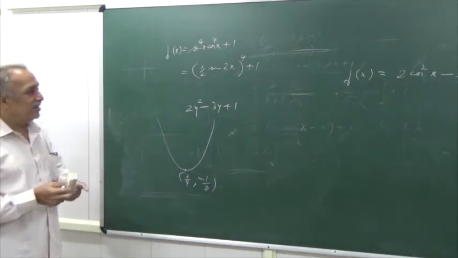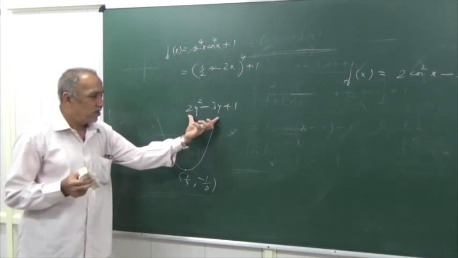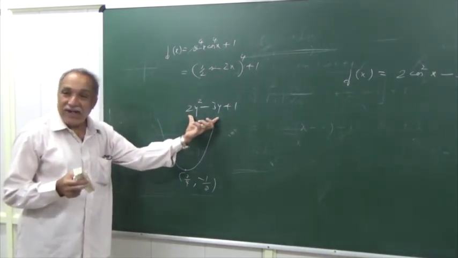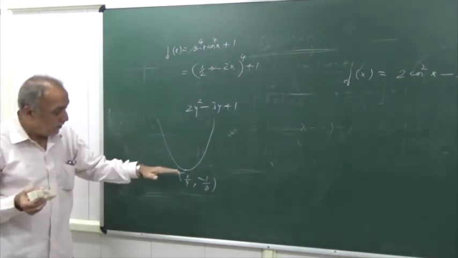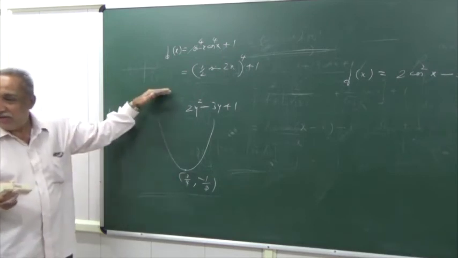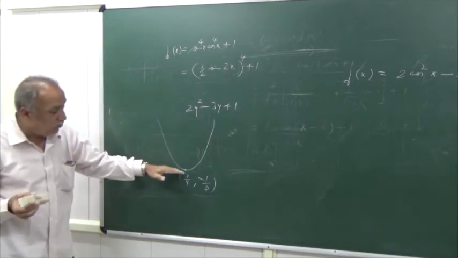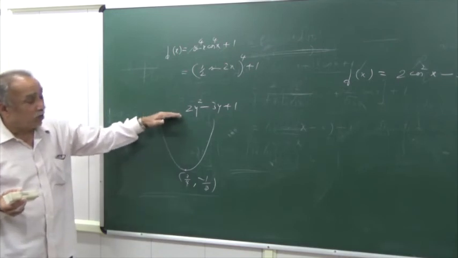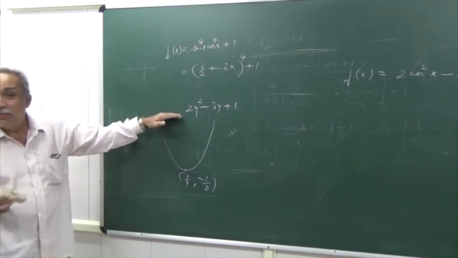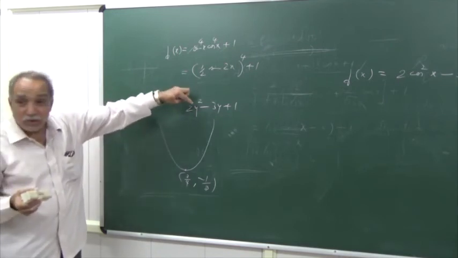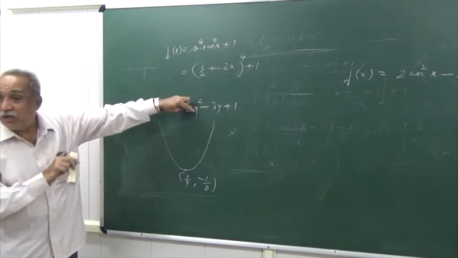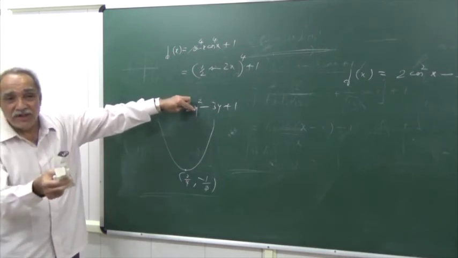This means 2y square minus 3y plus 1 attains all values above this level. It takes every value greater than or equal to minus 1/8, provided you are allowed to take y any value from minus infinity to infinity.